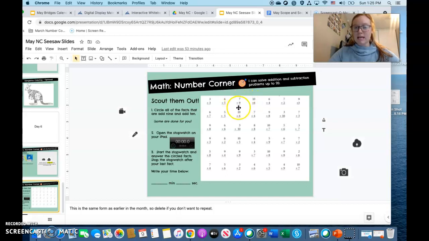So 7 plus 9, 10 plus 6. So you're going to be circling those facts first. Then you're going to start your stopwatch, and you're going to be answering those facts, and then you'll fill in how long it took you to do that. Okay, remember, we're practicing those facts to get to be things that we just kind of memorize, things we just know to help us further in our math. So those are your 2 Number Corner pages for today.